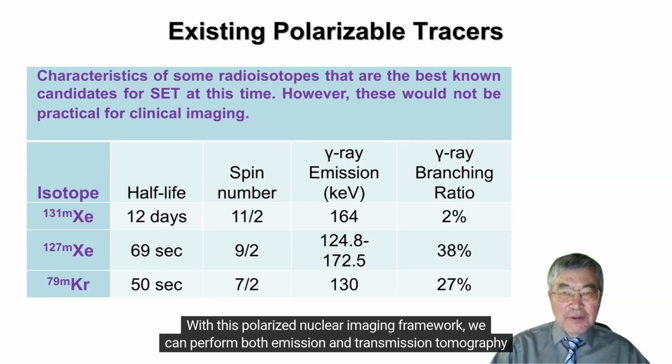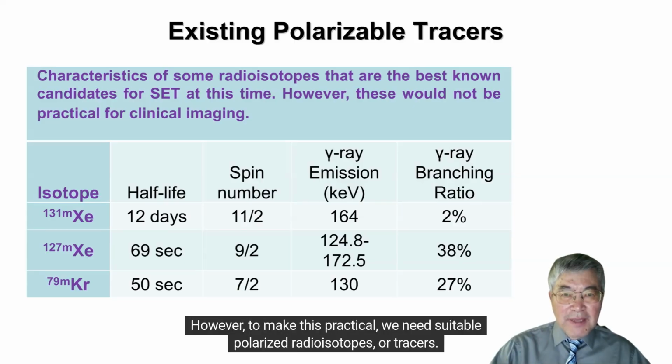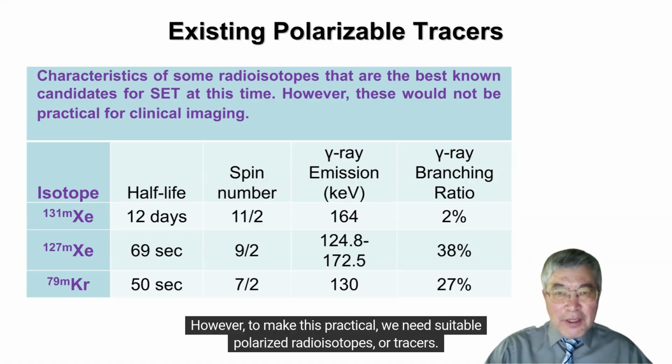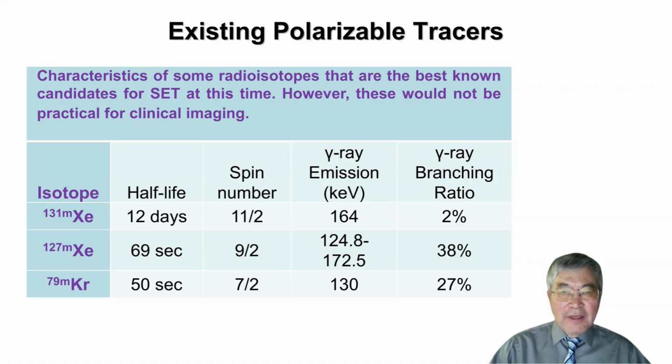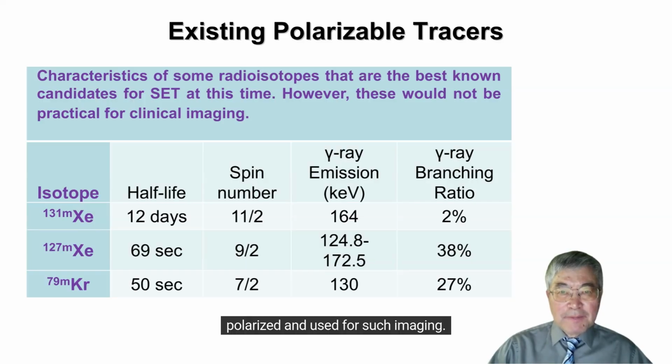With this polarized nuclear imaging framework, we can perform both emission and transmission tomography simultaneously. However, to make this practical, we need suitable polarized radioisotopes, or tracers. This table lists a few existing candidates, isotopes of xenon and krypton, that can, in principle, be polarized and used for such imaging.